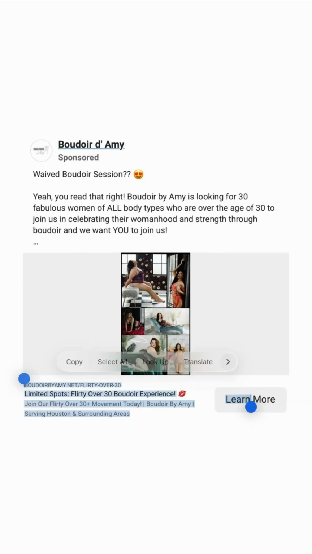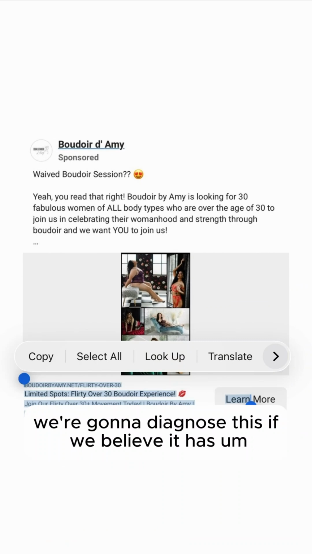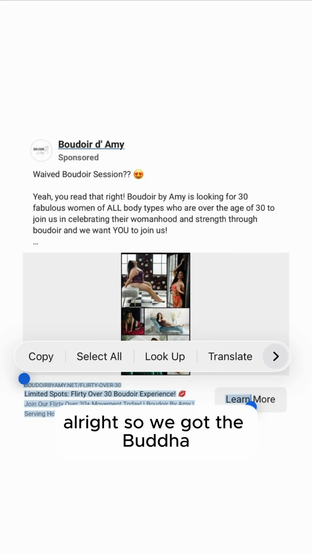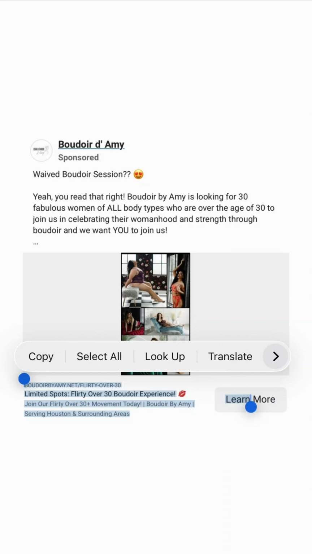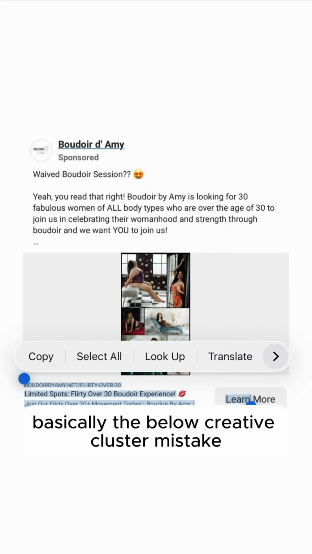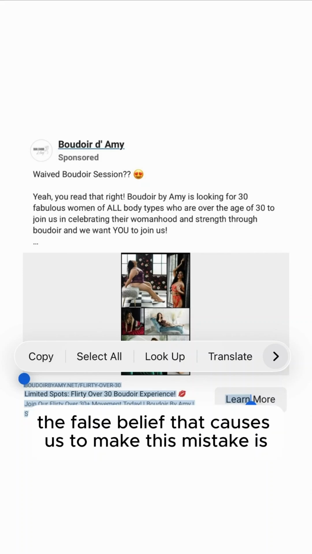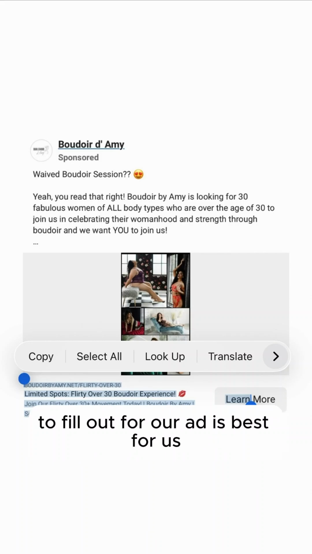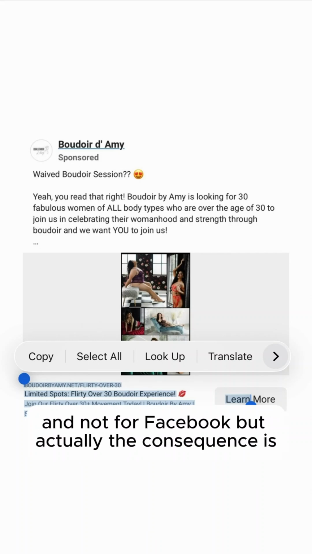So now we're going to diagnose this if we believe it has Boudoir low click syndrome. First thing I'm looking at is the Boudoir below creative cluster mistake. The false belief that caused us to make this mistake is that we're trusting what Facebook tells us to fill out for our ad is best for us and not for Facebook.